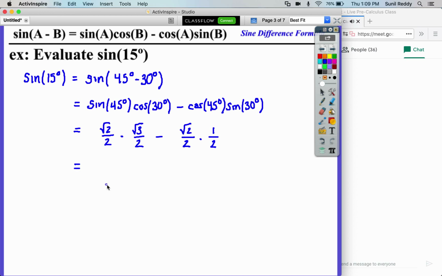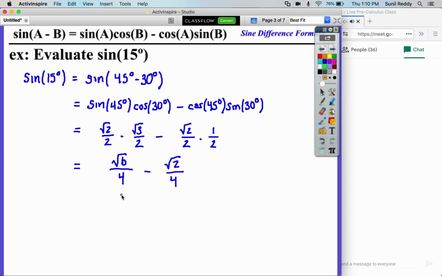After evaluating those, now we're just multiplying and subtracting. Root 2 over 2 times root 3 over 2 gives me root 6 over 4, minus root 2 over 2 times 1/2 gives me root 2 over 4.